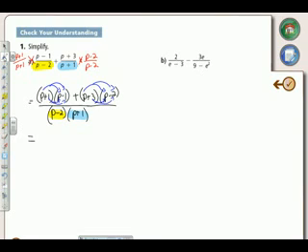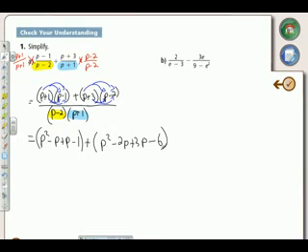And we come up with p squared minus p plus p minus 1, plus, that's the first one, plus p squared minus 2p plus 3p minus 6, all of that over (p minus 2)(p plus 1).